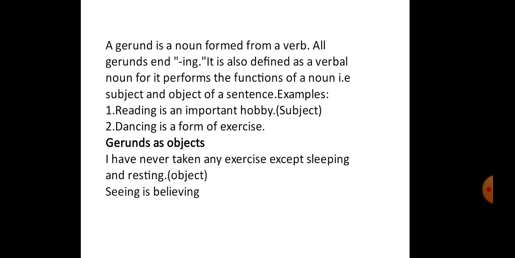For instance, if you advance to primary 6, you will be learning transitive and intransitive verbs. In a transitive verb, you will see that what happens there is that, for instance, Jane slapped Chioma.